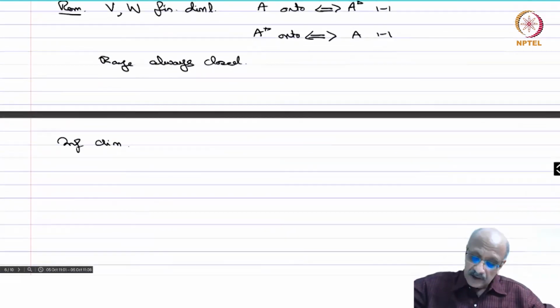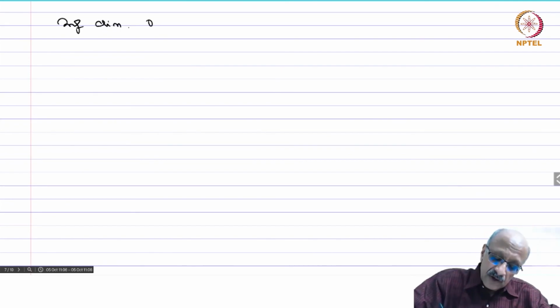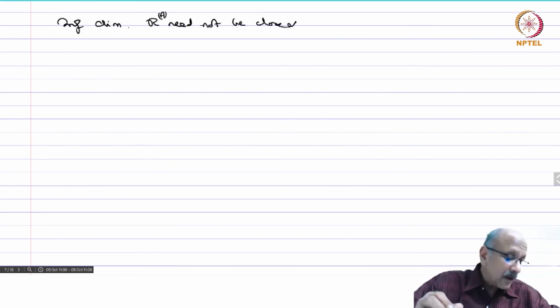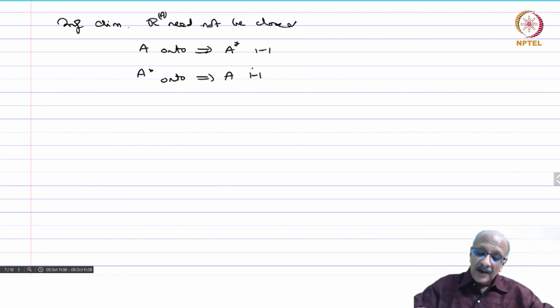But in infinite dimensions the range need not be closed. So you can only say from the above theorem that A onto implies A star is 1 1, and then A star onto implies A is 1 1. You can't go back, unlike in the finite dimensional case.